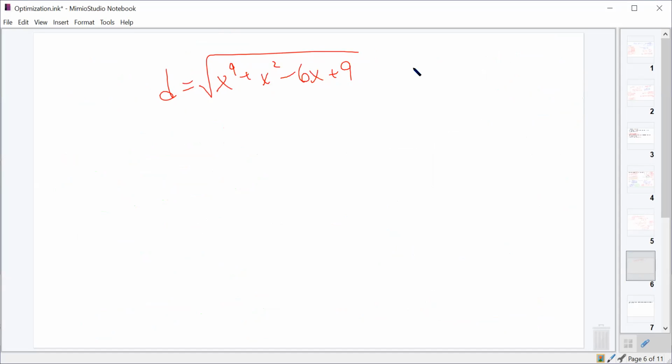When you are looking for the minimum of a square root of something, this will occur at the same x value as the minimum of that thing squared.